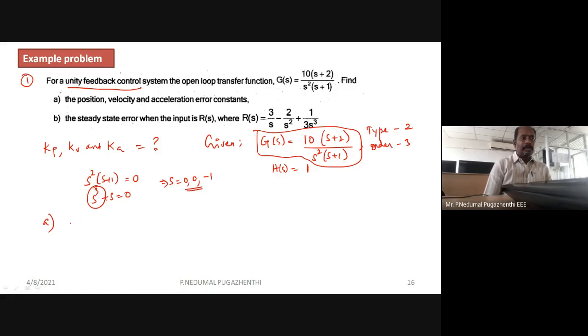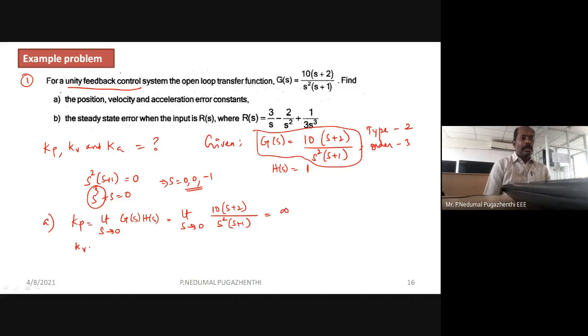What is the Kp, Kv formula? Kp is equal to limit s tends to 0, G of s H of s, which gives limit s tends to 0, (10 s plus 2) divided by s squared into (s plus 1). If we substitute s is equal to 0, anything divided by 0 will become infinite.